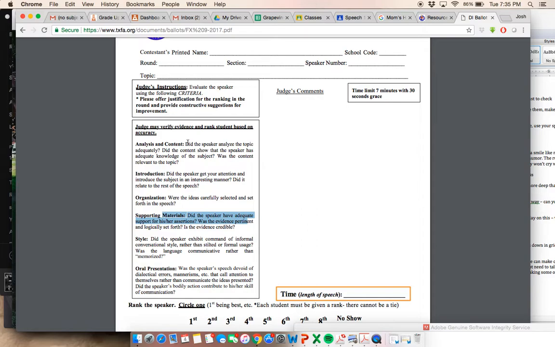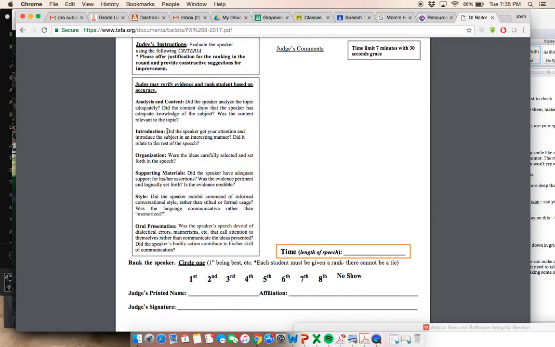Did they analyze the topic, right? So if their topic is about the U.S.'s latest trade deal with Mexico, and they're talking about Brazil, they're probably not analyzing the topic necessarily unless Brazil, and I'm not up to date apparently, has like a large stake in this trade agreement. I don't think they do, but again, you'll know based on the content and the analysis that they're giving.